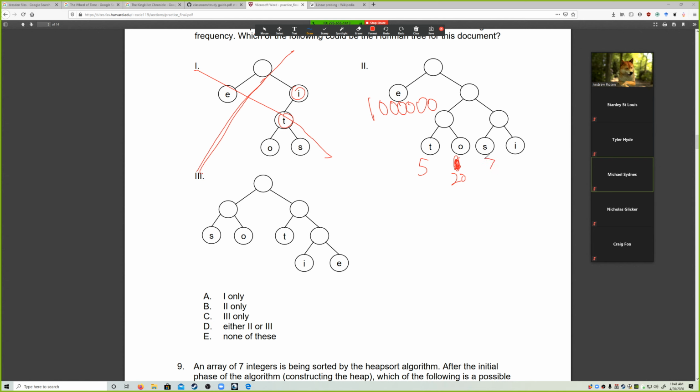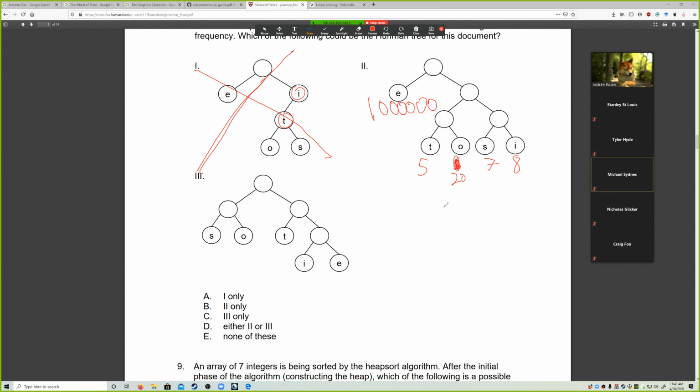And let's go with 7 and 8. I'm trying to come up with something where this guy plus this guy has to be less than this sum, but its sum has to be greater than both of these items.